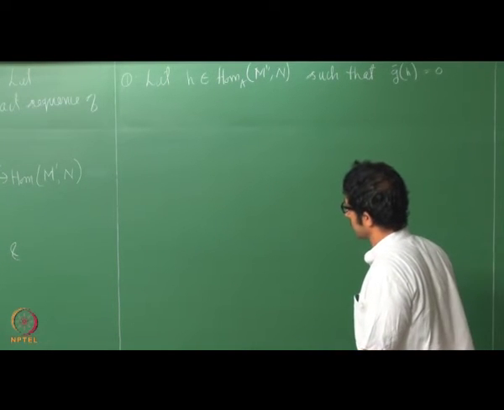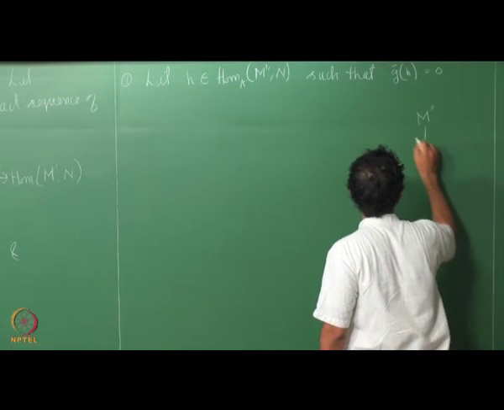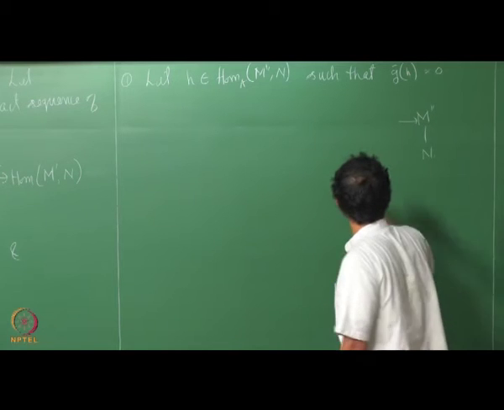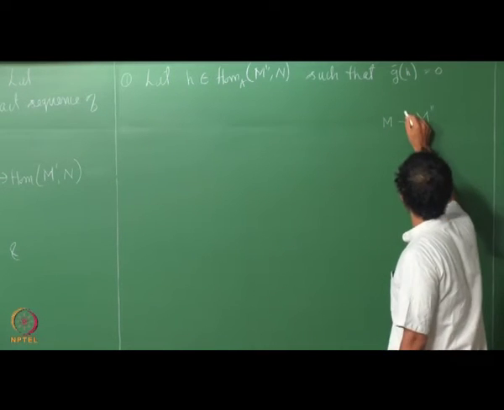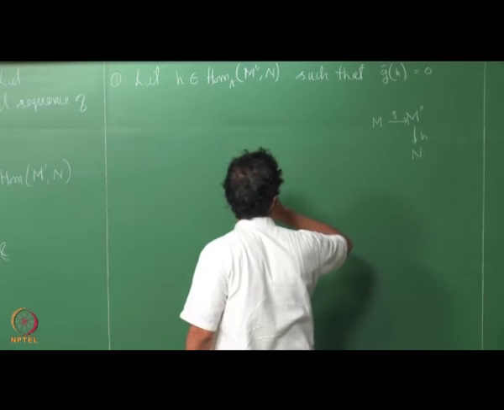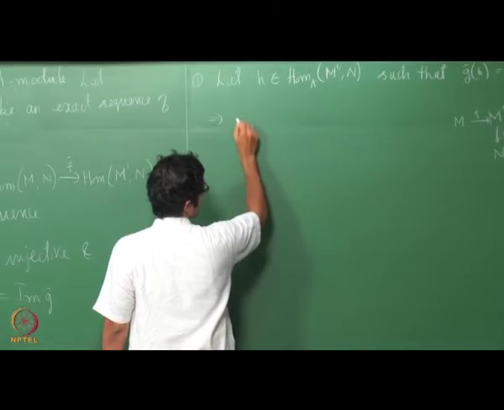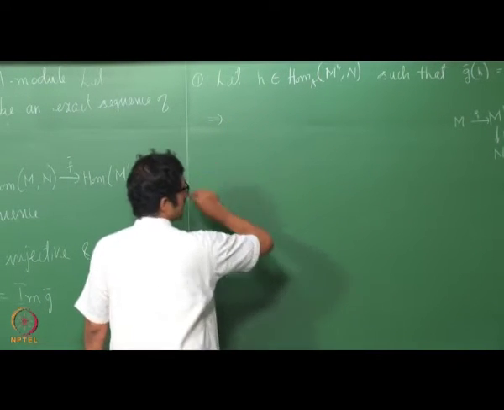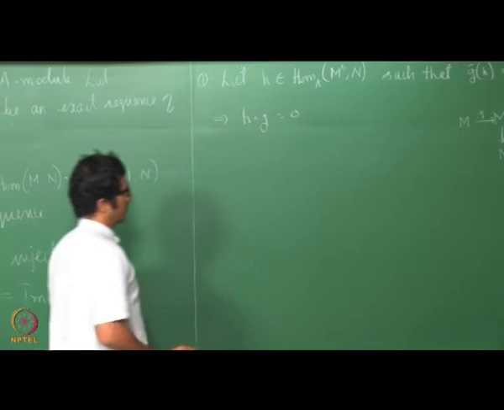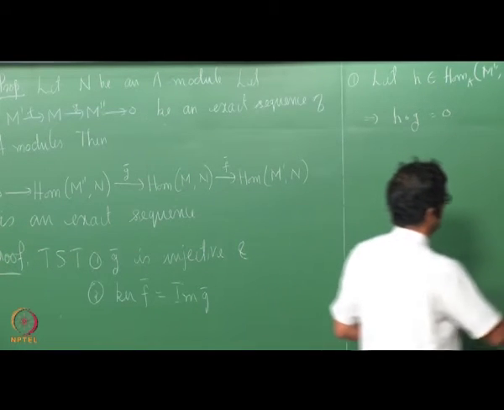But what is g bar of h? h is from M double prime to N. g bar of h is a homomorphism from M to N obtained by composing with g. g bar of h is 0, that implies that h composite g is 0. Okay. We want to say that h is 0, right.